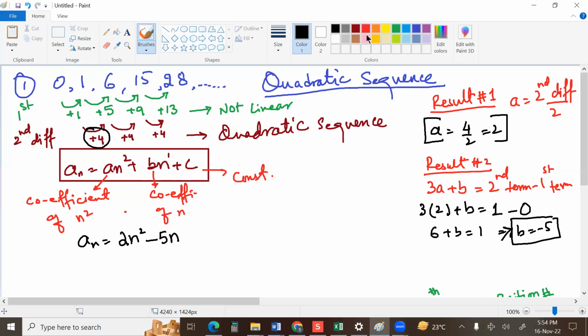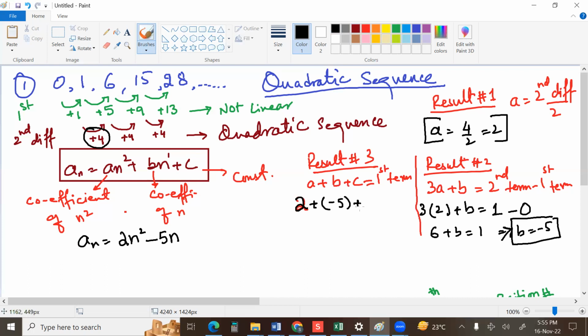Result 3 is that the sum of all these ABCs, A plus B plus C, is equal to the first term itself. A is 2, B is negative 5, and C is to be found.